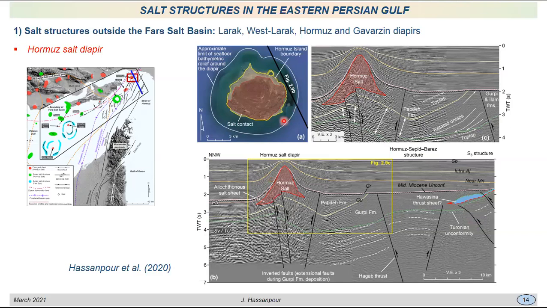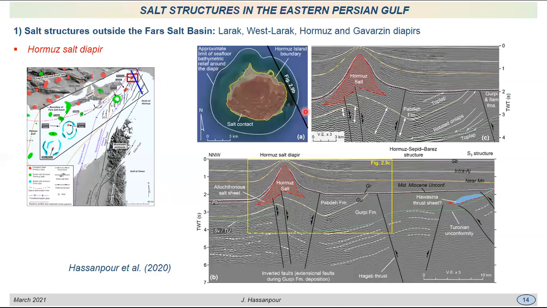Because the seismic data acquisition has been marine, unfortunately we don't have any coverage of the seismic data about this island and the other ones in the study area. And this doesn't allow us to see the real geometry of the diapir at depth.